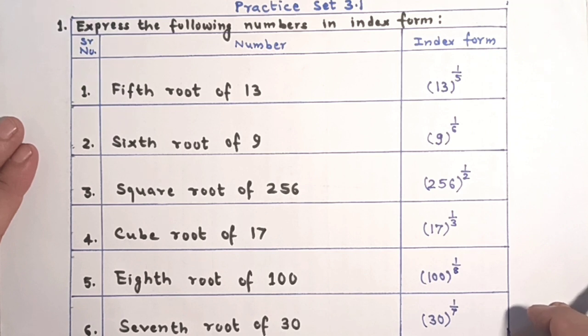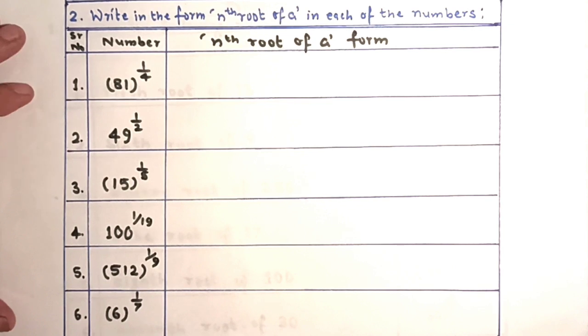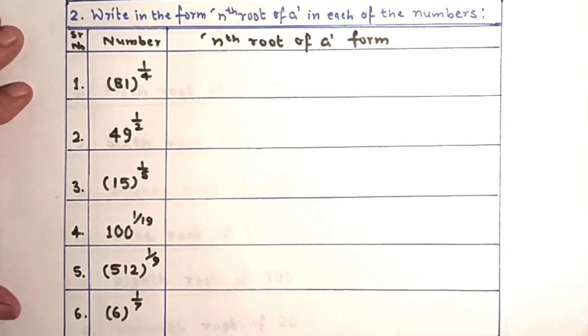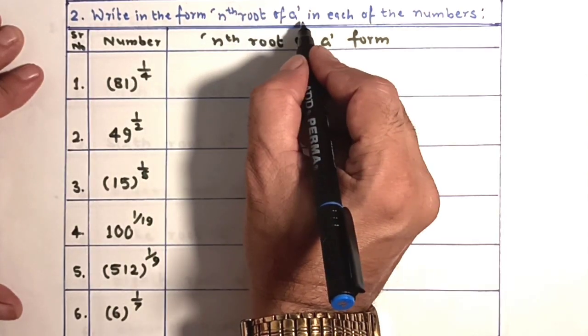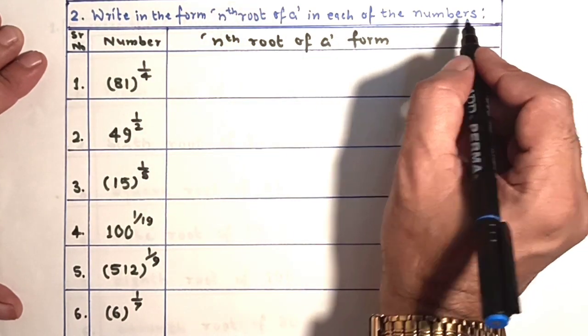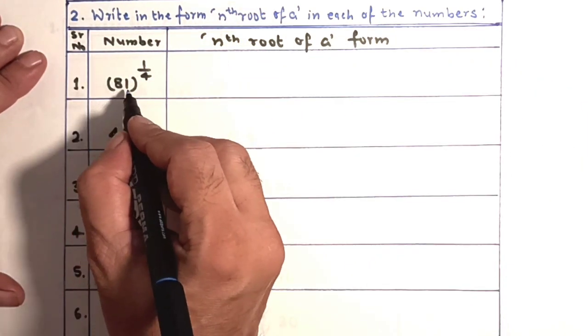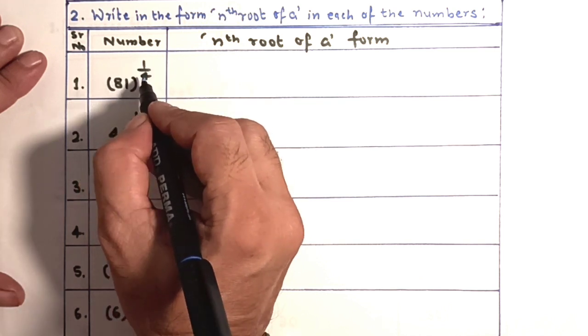Now we'll go to question number 2. Write in the form of nth root of a in each of the following numbers. The first question is 81 raised to 1 upon 4.